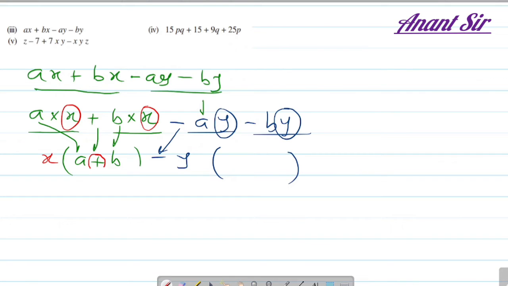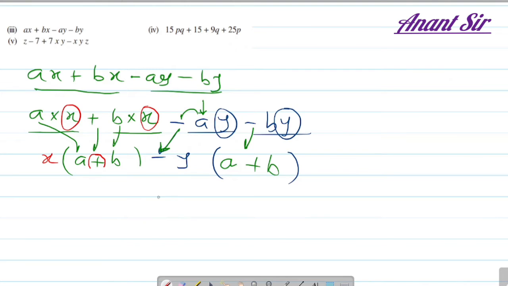So what was the sign of this a? It was negative, so you write it as positive. Even if you don't give positive, it's okay, it is going to be positive only. So you can write it as a only. And this minus b also must change to plus b. This you will have to remember: if you take negative common, change the sign of all the terms in the bracket.